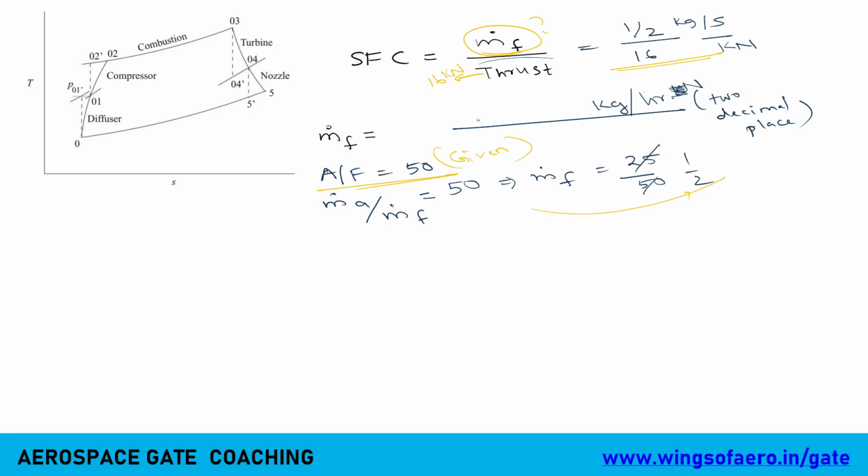Ma'am, mass flow of fuel also is given? No, this we have found out. This is not given. We have to find out. They have given this. So what is meant by air fuel ratio?